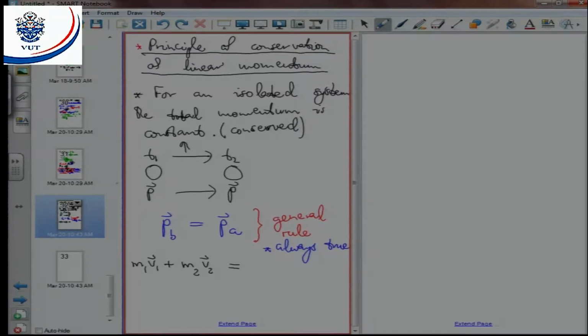And after, it will be the momentum of particle 1, and later on I'm going to use a prime just to differentiate this velocity from that, and then the mass of particle 2 times the velocity of particle 2. So that's how you would use the conservation of momentum, and that's this equation.